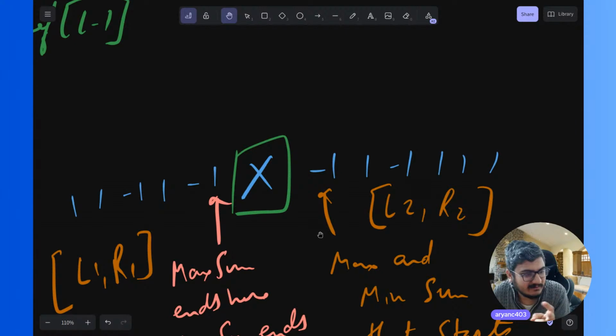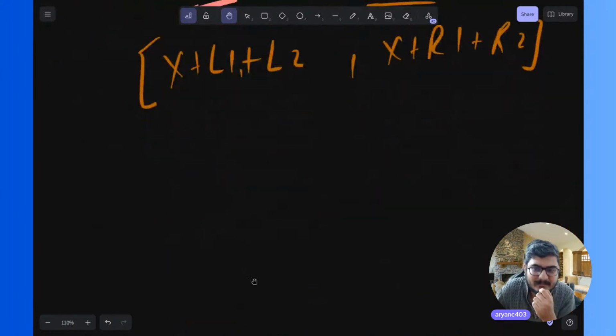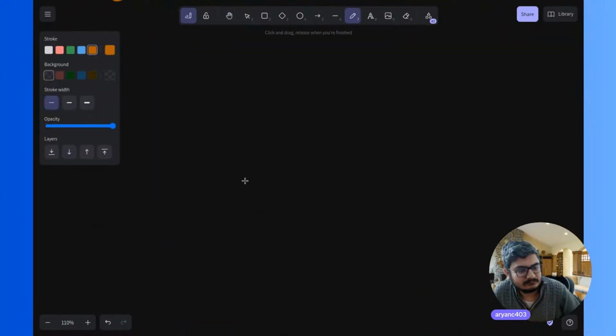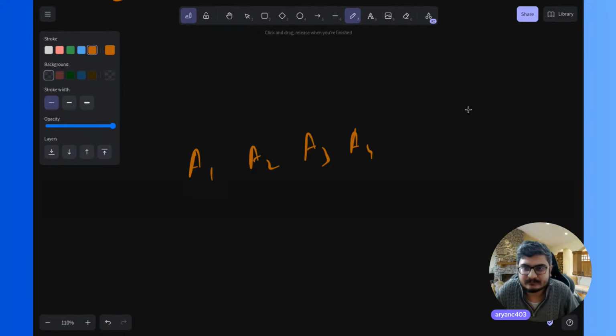Okay, so I think we have two parts here: how to find the minimum and maximum sum in a range, and why all possible values are achievable. Let's say I have this array A1, A2, A3, A4, A5, A6, and let's say all the values are 1 or -1.